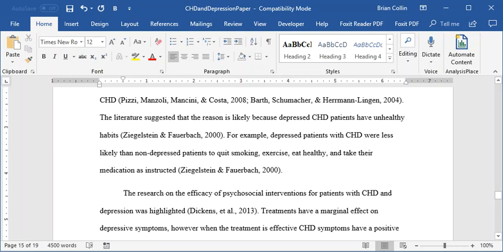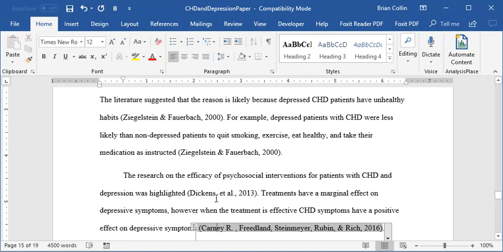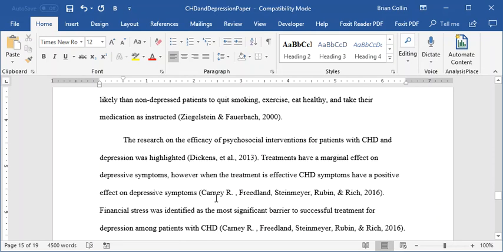Then the final aim. I talked about the second aim, and then the final aim: the research on the efficacy, meaning whether or not it's actually working, of psychosocial interventions for patients with heart disease and depression was highlighted. Treatments have a marginal effect, which means it works, but not great, on depressive symptoms.